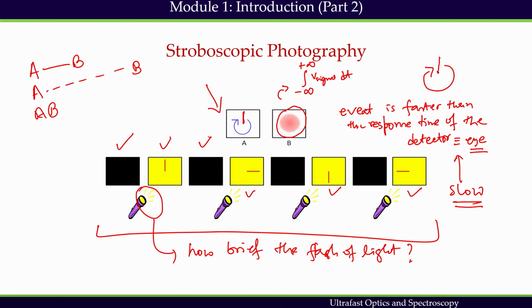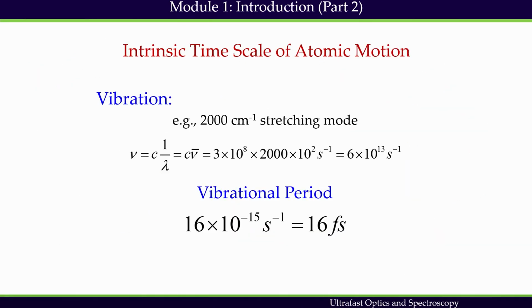So the first thing we have to understand is how rapid a flash of light is required to observe atomic or electronic motion in a molecule with the help of stroboscopic photography. So we need to know the intrinsic time scale of atomic motion. The time scale of a chemical reaction is the time scale of atomic motion of a molecule.